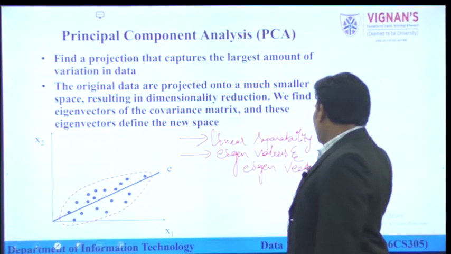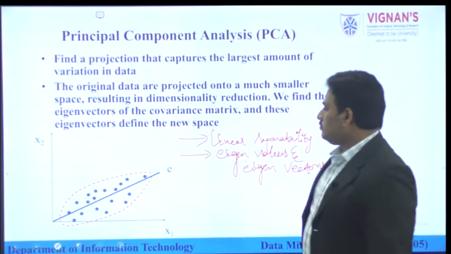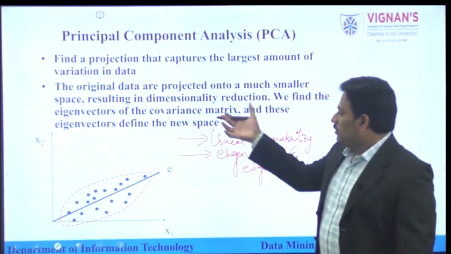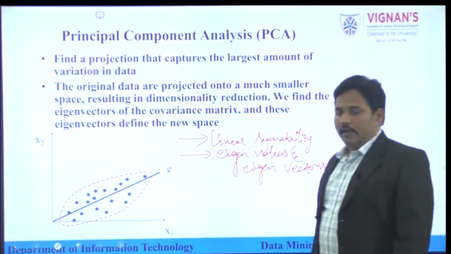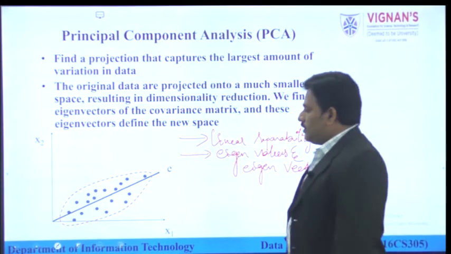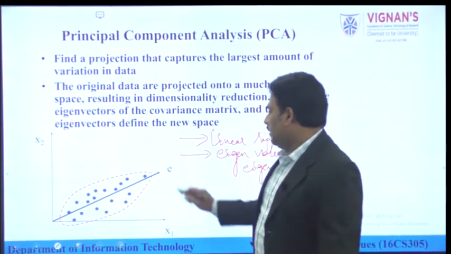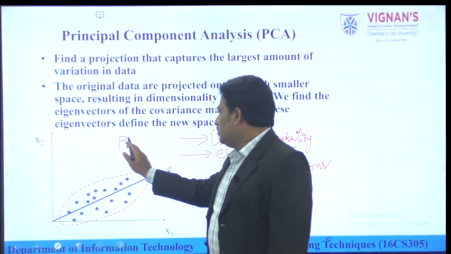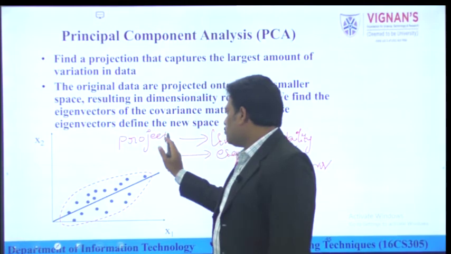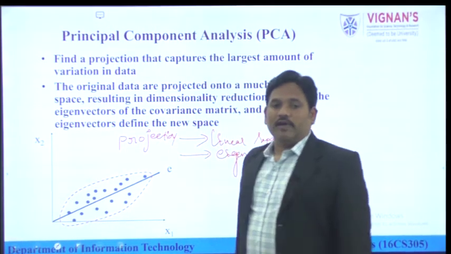After creating the required eigenvectors, the best eigenvectors are taken, and the remaining dimensions are eliminated. Principal component analysis always tries to find a projection of the data set. That means for every attribute, it observes the projection values.